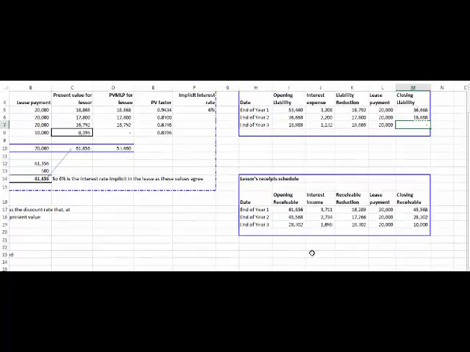From the lessor's perspective, their receivable is this present value amount, which includes the present value of that unguaranteed residual. And then what you see is over the 3 years, they receive those $20,000 from the lessee. So at the end of the lease term, they've got a receivable worth $10,000.